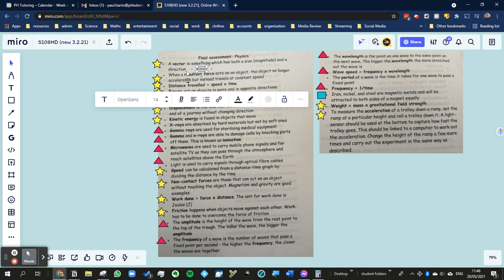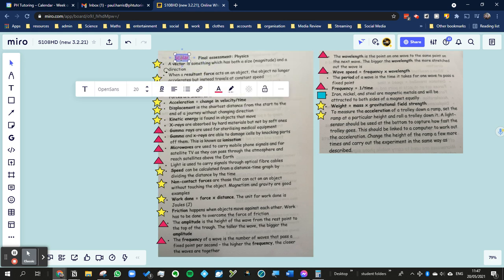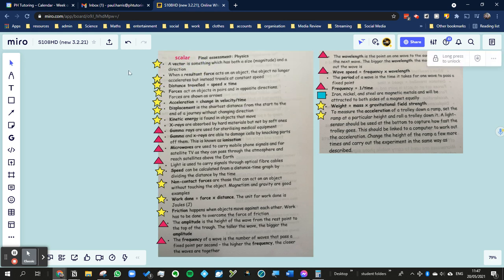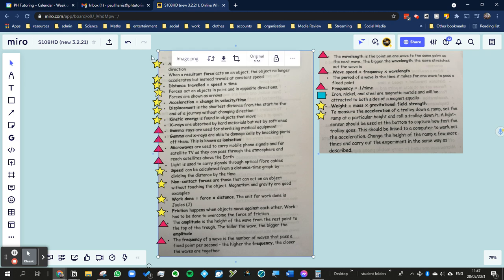Scalars and vectors are taught together, usually. Whenever you're introducing them, you would mention scalars as well. A scalar has only magnitude. So let's just lock that image. I'll lock that one as well.